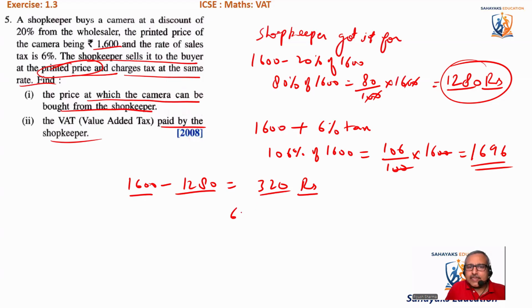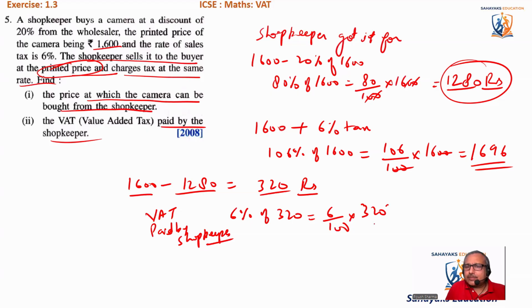So 6% of 320. Okay, so it is the VAT paid by the shopkeeper. It's 6% of 320. So it is 6 by 100 into 320. So you just cancel it out. 2 fives are 10. 2 threes are 6.